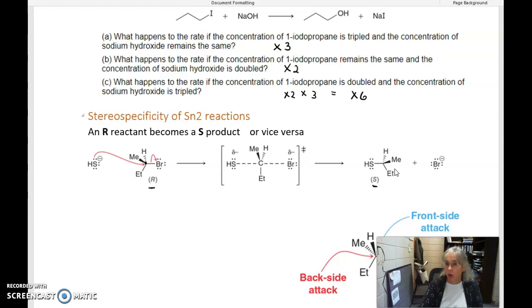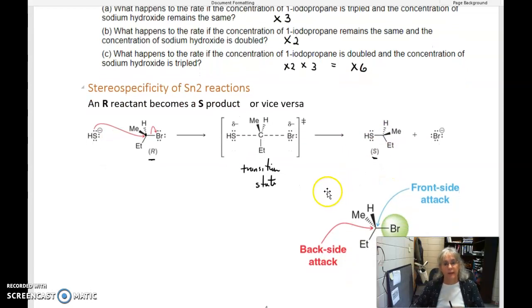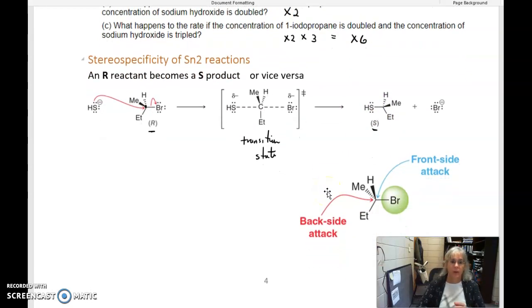This bromine is large and this bromine is negative, and so it has to come in from the back side, and the bromine leaves from the front. This is our transition state. And the best analogy I can give is the whole thing flips like an umbrella. You attack this side, and then all of these groups get pushed to the other side.